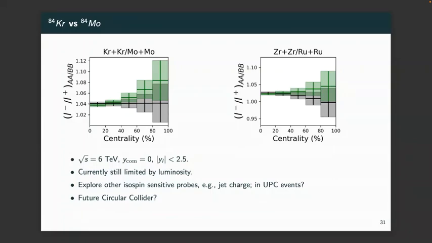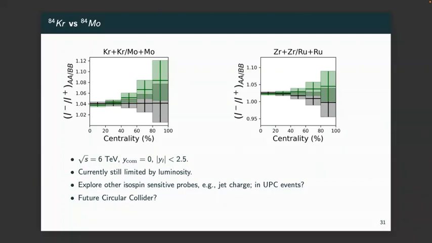Or you can try other rare processes in UPC events, where to define UPCs, you need a hadronic window. But in that case, you have some electromagnetically induced process that depends on the proton distributions. So one, the trigger depends on nuclear matter profile, and the electromagnetic cross section depends on the protons.